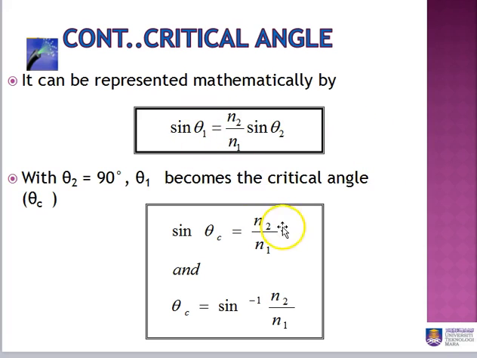Sin 90 degrees is 1, so it leaves sin theta c equals n2 divided by n1. And theta critical can be calculated from the refractive indices of the two media by arc sin of n2 divided by n1.